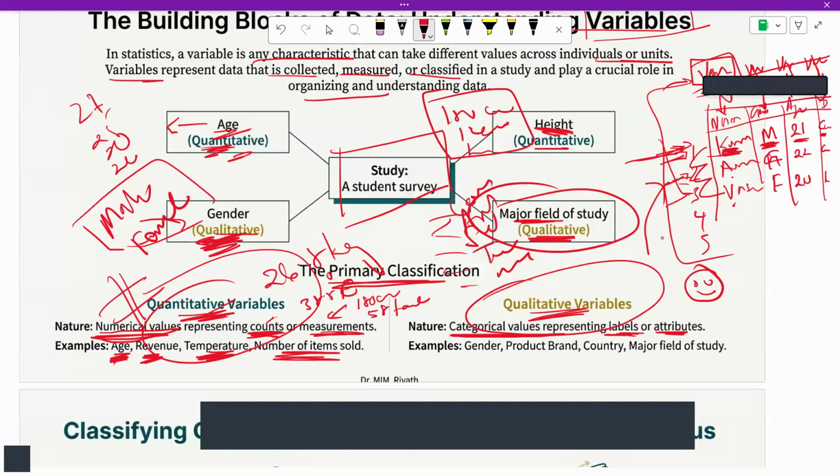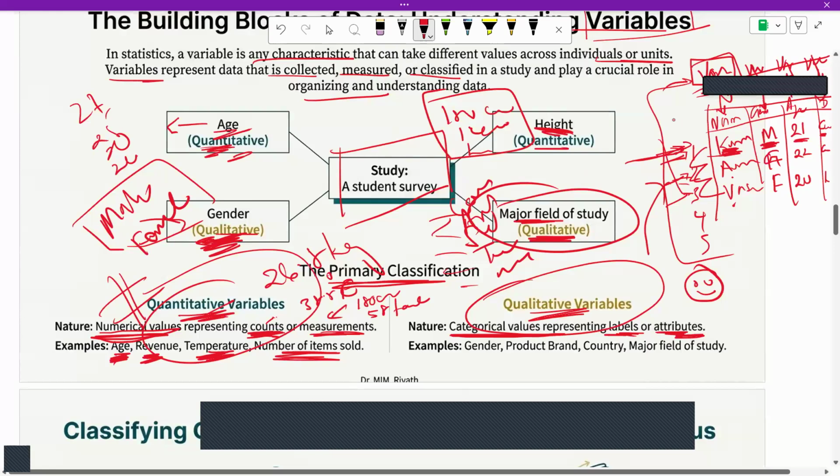For an attribute, say your gender, male or female, it's an attribute, not a label. And your skin color is an attribute. So those are qualitative, with no numerical values.